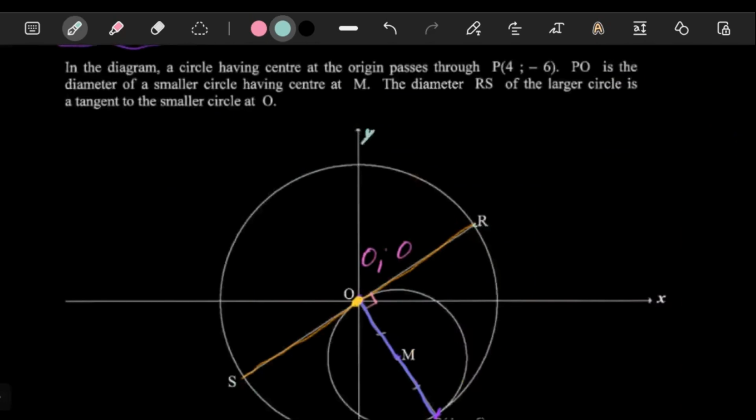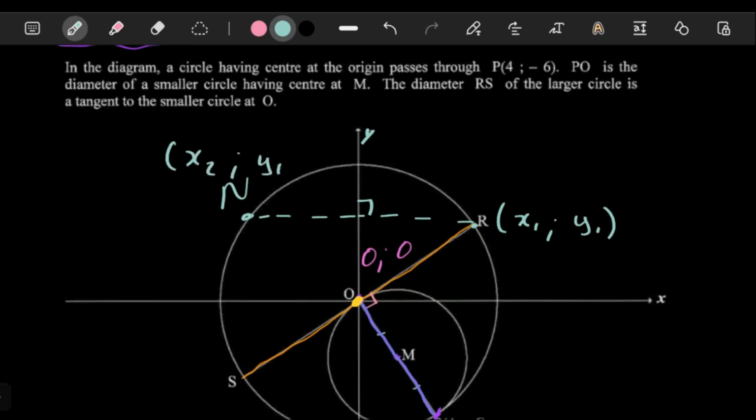So if this is R, it means that N is directly on the other side here. This is where N is. Meaning that the x value of R we don't know, but whatever its y value is, N will have the same y value. So we can name this x2, but they have the exact same y value because it's directly on the other side.